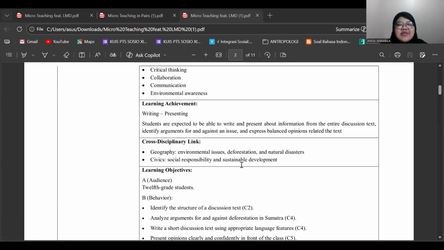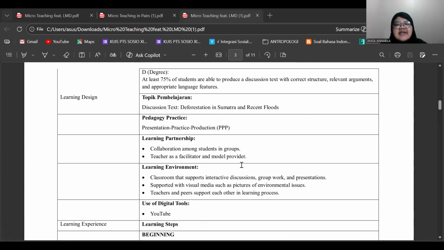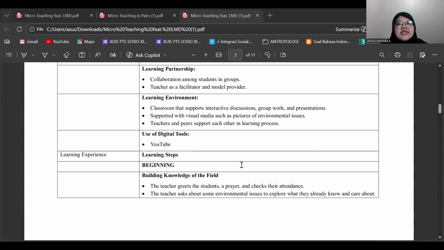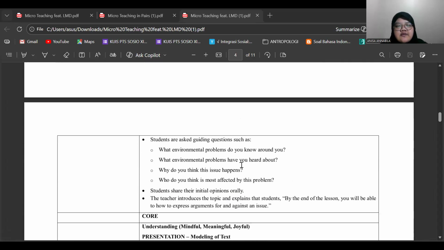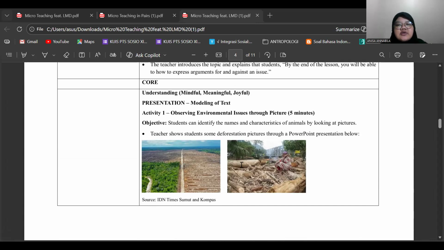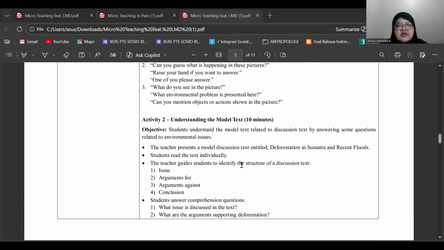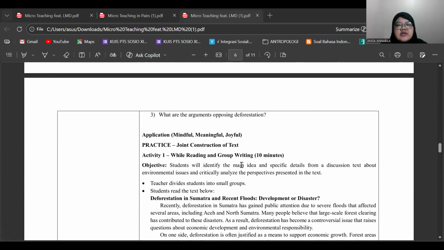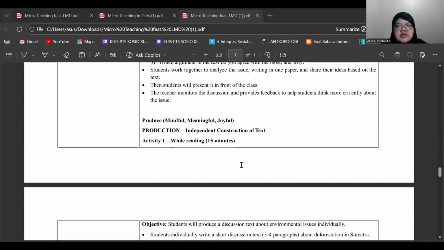There's cross-disciplinary learning objectives with ABCD, learning design, learning topic: discussion text, deforestation in Sumatra and recent floods, pedagogy practice, learning partnership, with the learning steps, beginning with PRF, understanding presentation use, MOT or modeling of the text, and then practice with GCOT or joint construction of text, and then production with independent construction of text or ICOT.